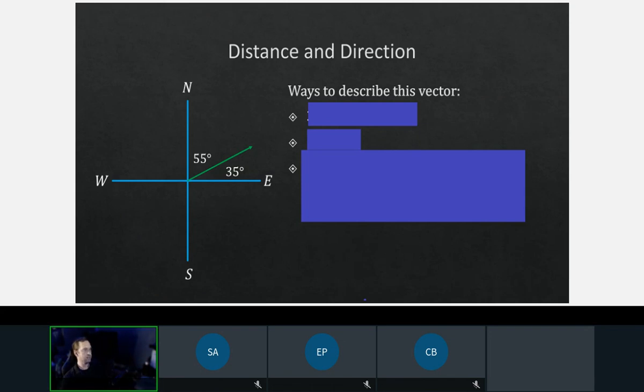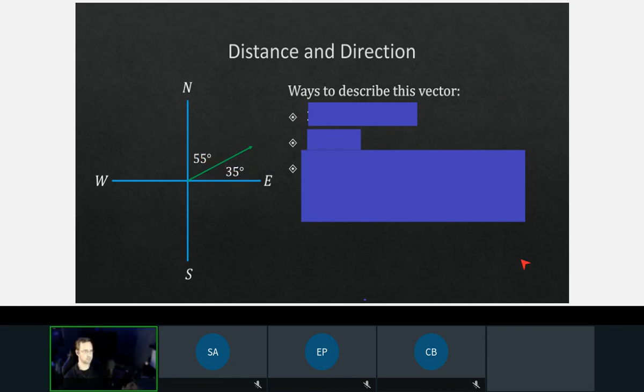So the first one, this is a vector in quadrant 1, right? Okay, hang on. So I label different parts here. This is my vector. This angle between the x-axis and the vector is 35 degrees, which means this other angle has to be 55, because they're complementary angles, when they add up to 90.